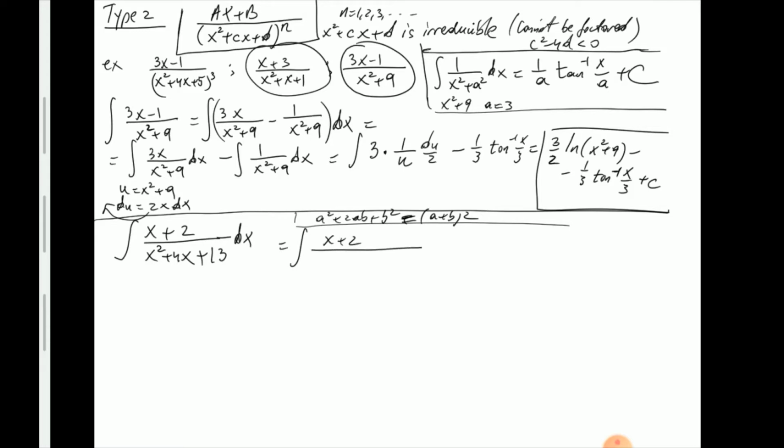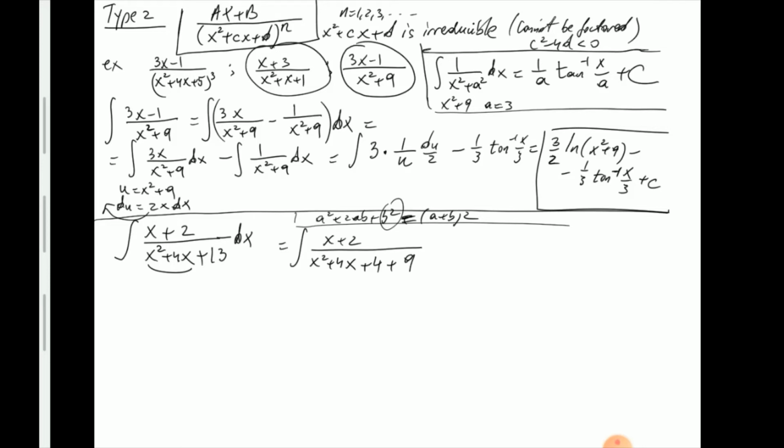Specifically in this case, you look at the first two terms, you look at the middle term, and take half of the coefficient of x and square it. So that makes it 4. That's going to be my b squared in the formula. So I'm going to take a 4 out of 13. So therefore I need to add 9 to complete 13.